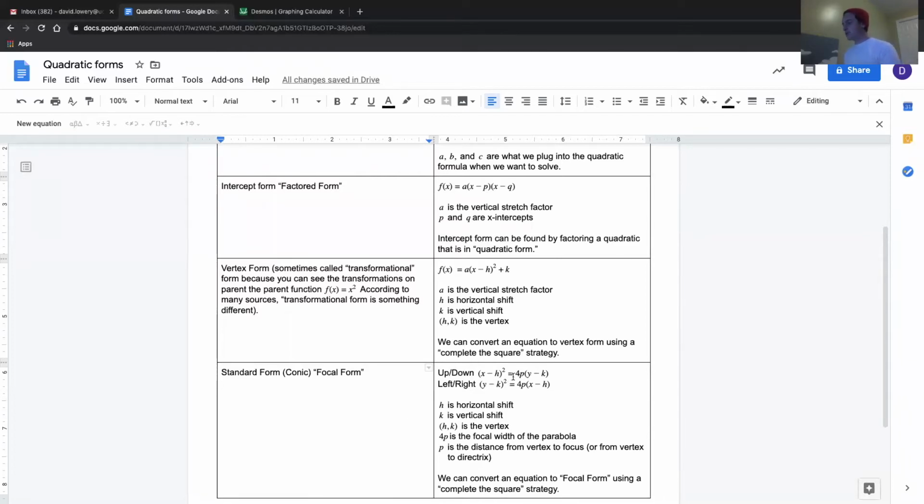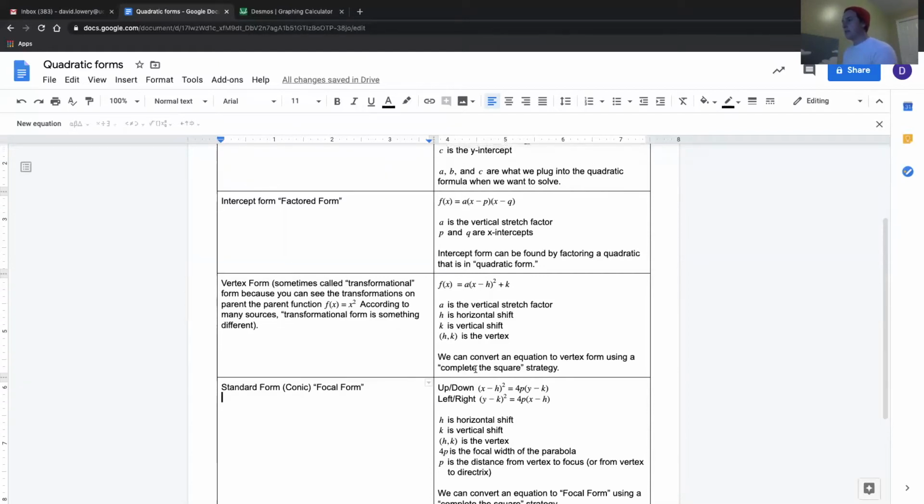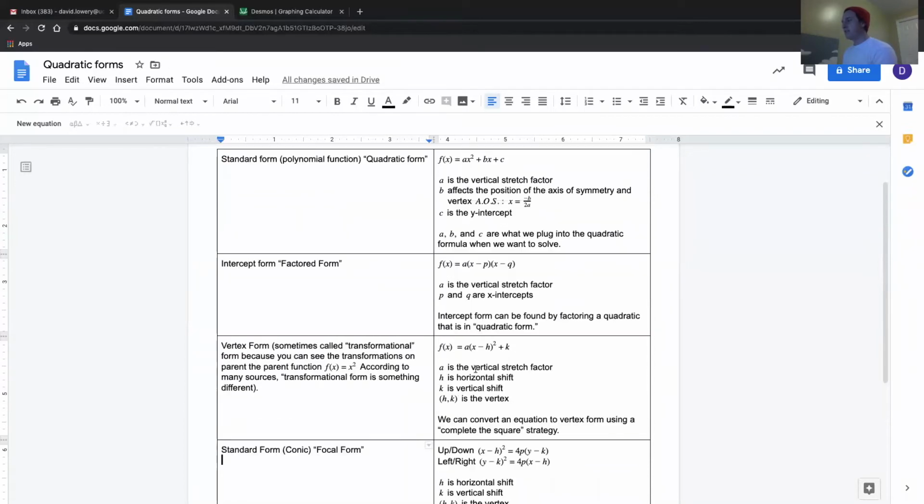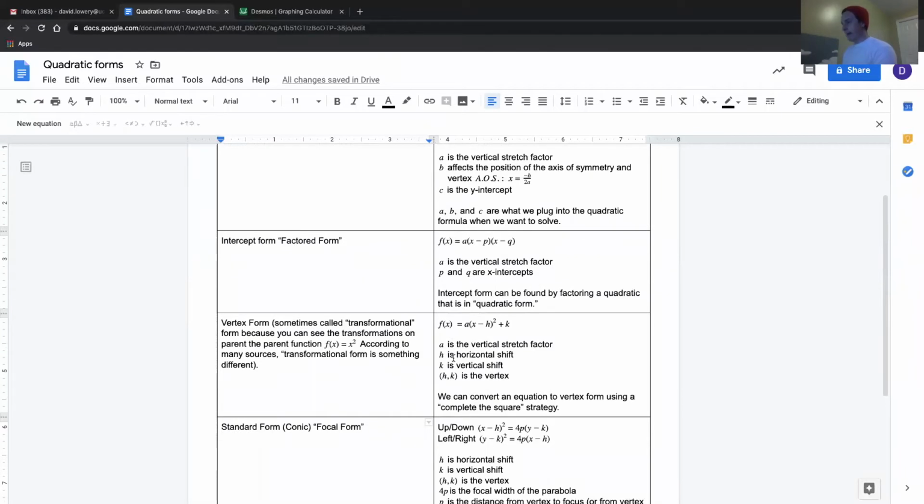We have two versions of these, because when we're talking about a conic section, we're not talking about functions anymore. These don't have to be functions. They're just relations between x and y. Up in these other forms, we pretty much had functions, right? f of x, f of x, f of x, because all these parabolas passed the vertical line test, and they opened up or down.